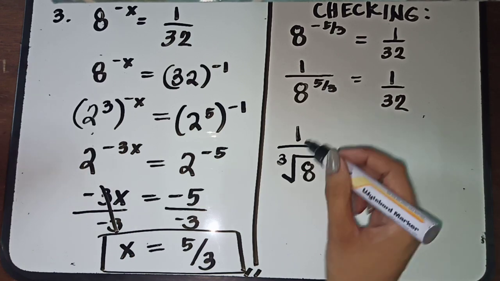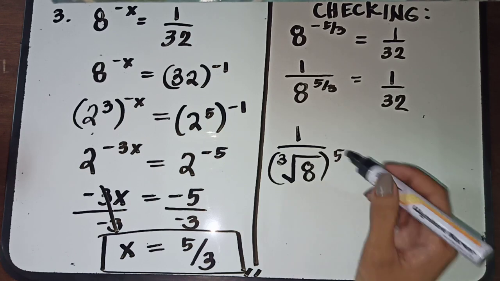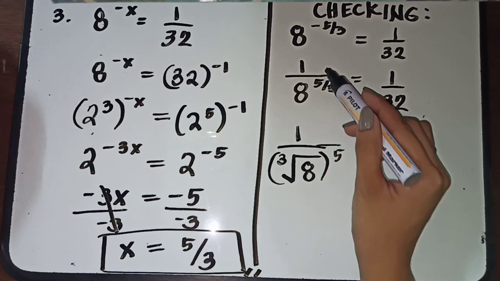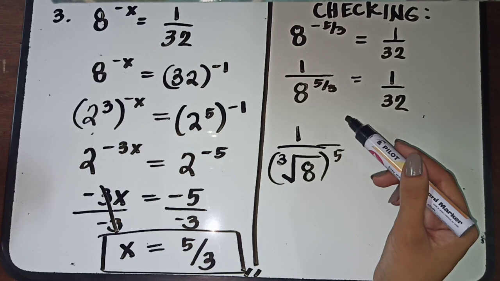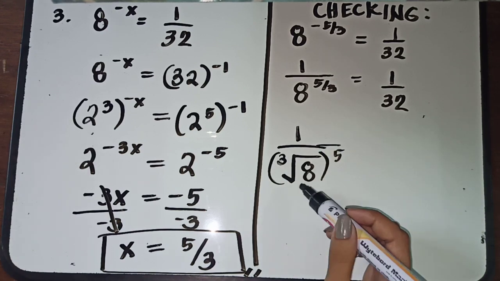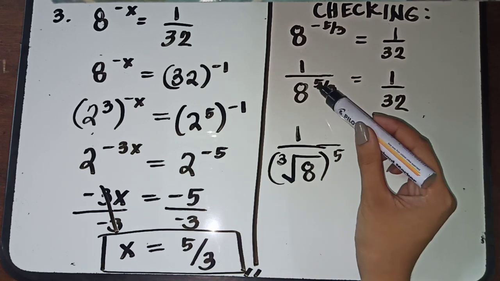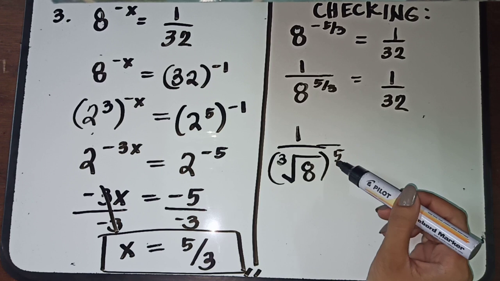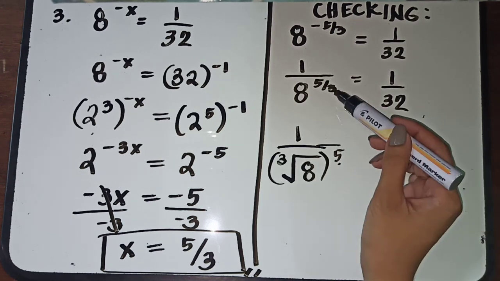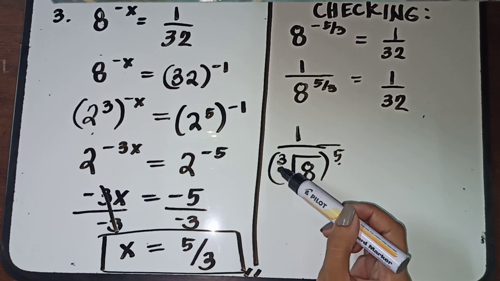Yun yung numerator, which is 5. Okay? So again, this 1 over 8 raised to 5 over 3 is equivalent to 1 over the cube root of 8 raised to 5. So yung numerator ko dito, ito yung nagsilbing exponent ko. And yung denominator ko, which is 3, yun yung nagsilbing index. Okay, so that is cube root.